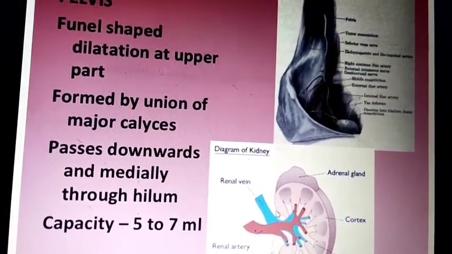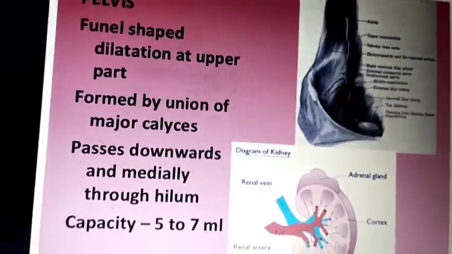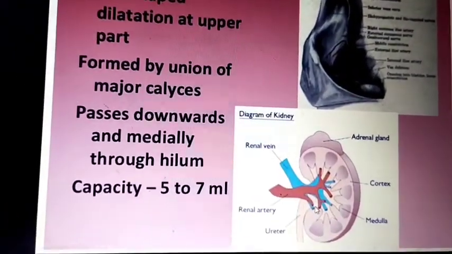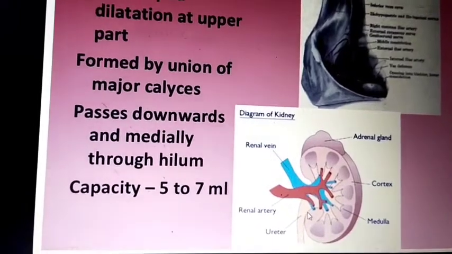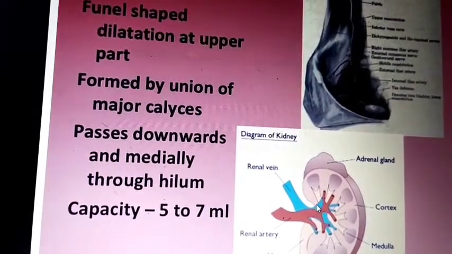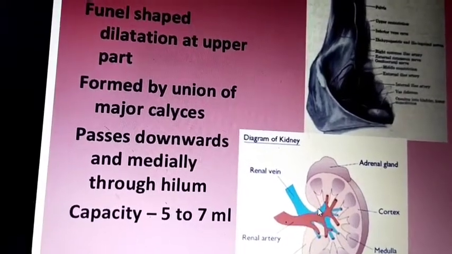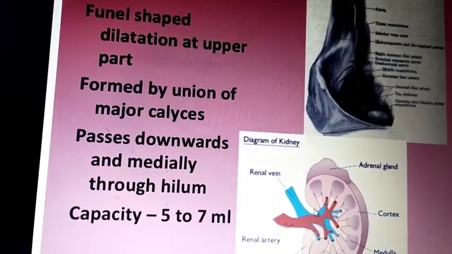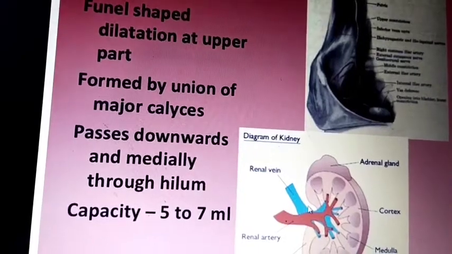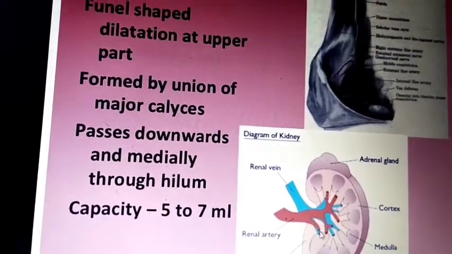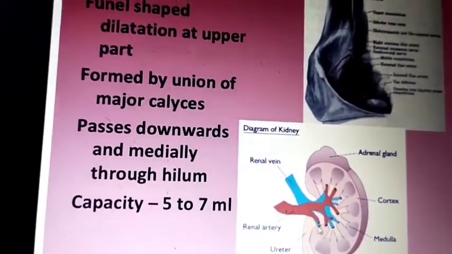The hilum is present at the medial border of the kidney. Where the hilum ends, just below that the ureter starts. At the upper end, just above the hilum, there is the adrenal gland. This is our landmark for the identification of the ureter.